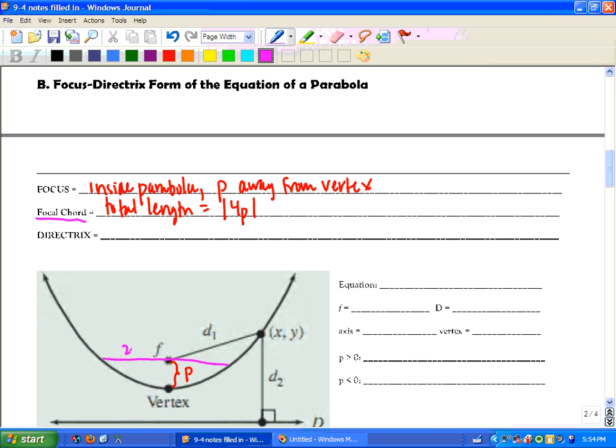So this distance is 2p, and I know this part wasn't very straight here. If I go straight across, that distance is also 2p. So that's something else we can add up here: the distance from a point on the parabola to the focus is the absolute value of 2p.